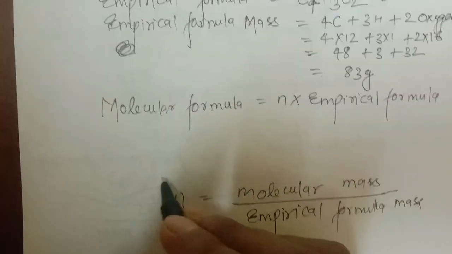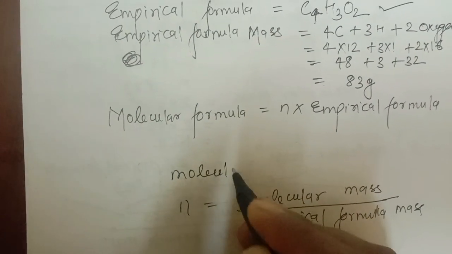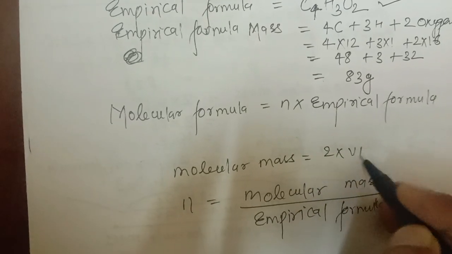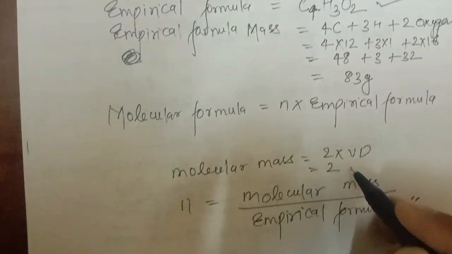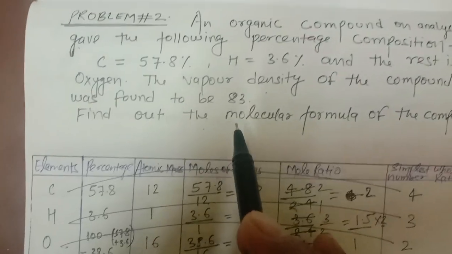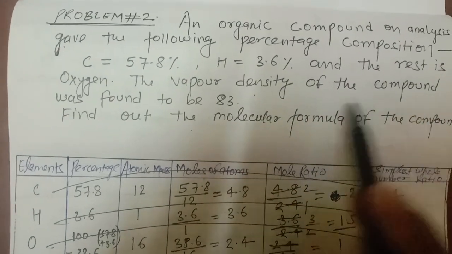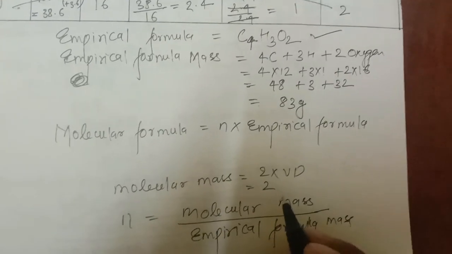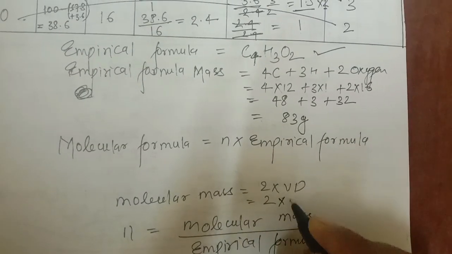As we know, molecular mass equal to 2 into vapor density. Here the vapor density is given in the question. You can see, students, the vapor density of the compound was found to be 83. So here we will write 83.